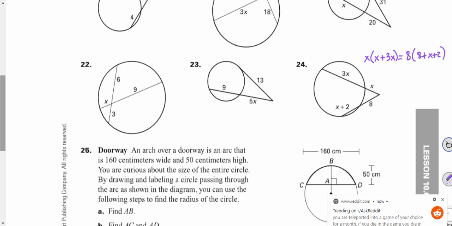So this is x times 4x equals 8 times x plus 10. So 4x squared equals 8x plus 80. You got to distribute that 8 through. So then pull everything over. 4x squared minus 8x minus 80 equals 0.